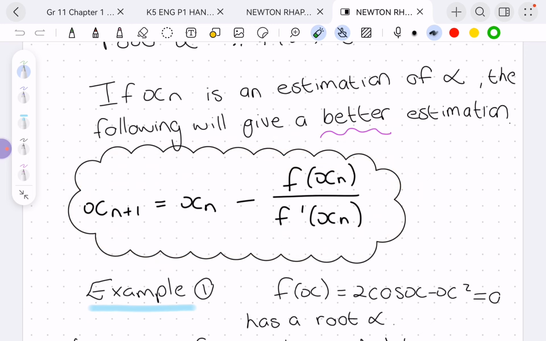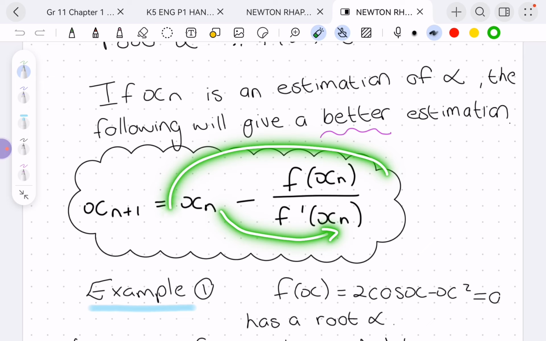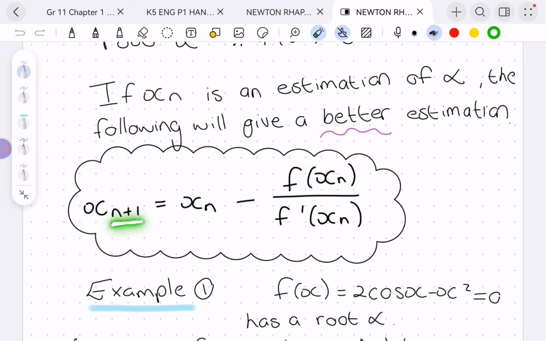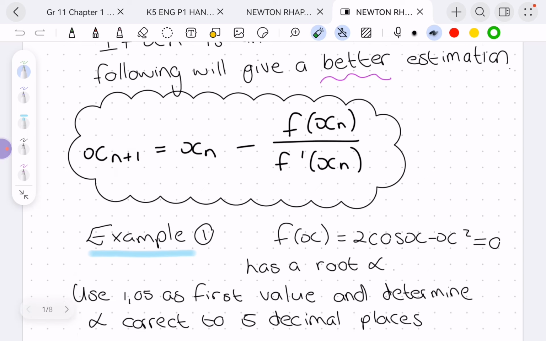How does it work? We have to take our first estimation minus my function in that point, divided by the first derivative of the function in that point. This new answer will give me an even better estimation. Hierdie antwoord gaan vir my 'n waarde nog nader gee.